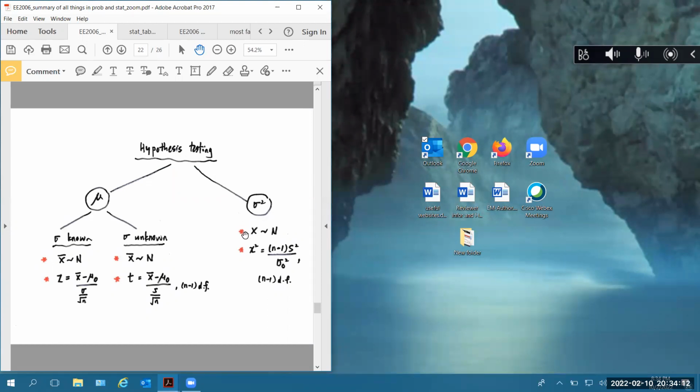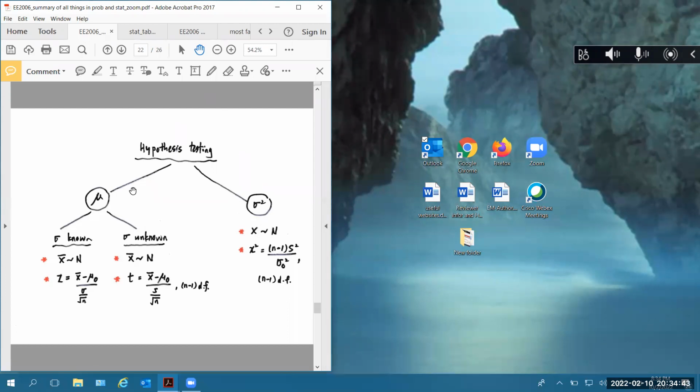The first point is the prerequisite: we want X to be normal. The second point is the test statistic. When we are testing population variance, the test statistic is always the chi-square, n-1 s square over sigma naught square, with degree n-1.